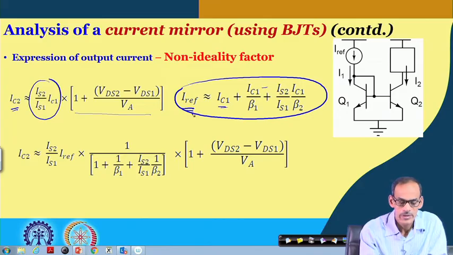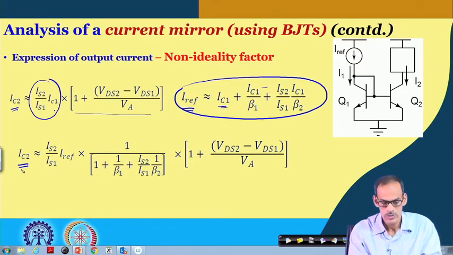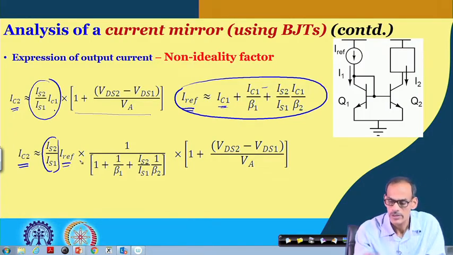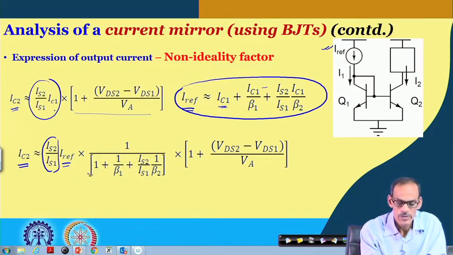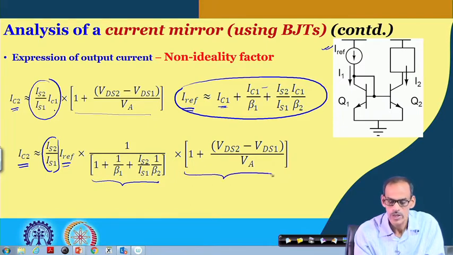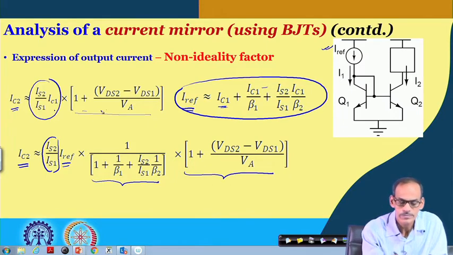By plugging the expression of IC1 into this equation, we get the final expression of IC2, which is the ratio of the reverse saturation currents multiplied by this reference current, multiplied by 1 divided by this factor, and also we have this factor.